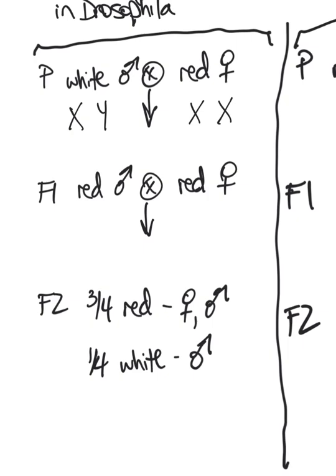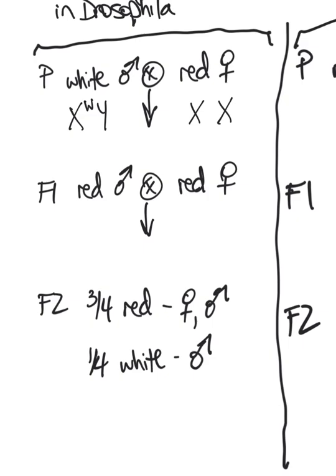On each of these X chromosomes, the 2 in the females and the 1 X chromosome in the male, there would be a copy of this white gene. The parental males have white eyes, so they would have a white allele. The red-eyed parental females would have a red allele on their X chromosome, and because red is the most common phenotype that we find in nature, we call that allele the wild-type allele.